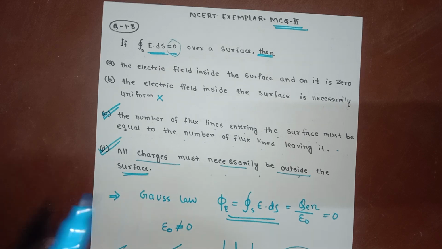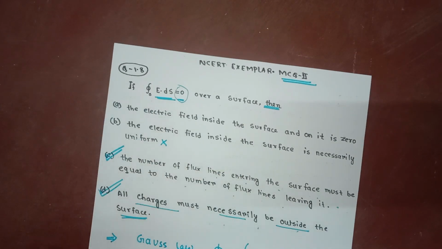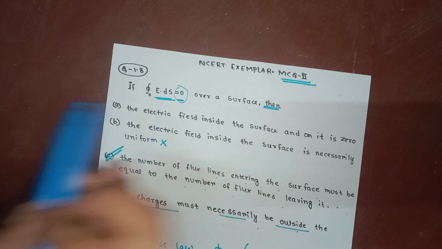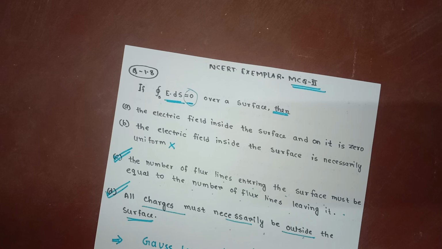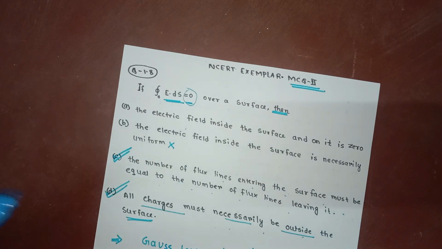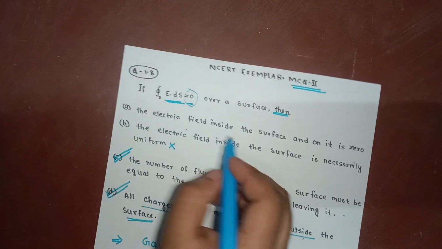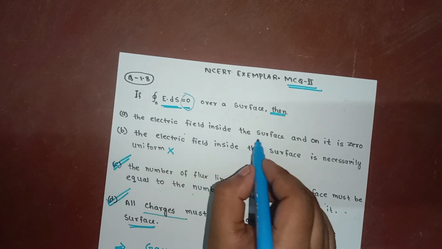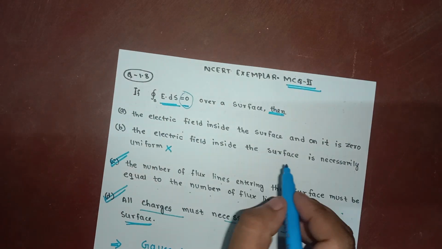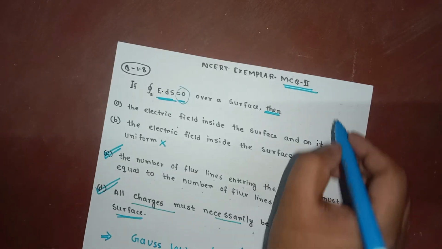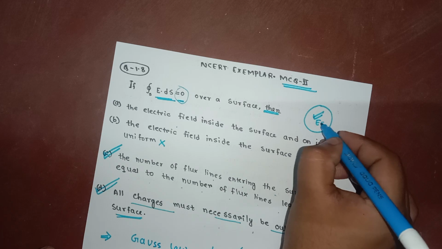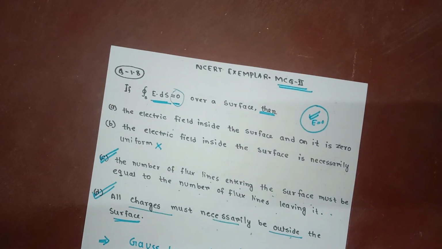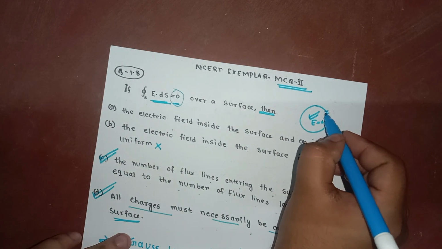Okay. Now, the option says the electric field inside the surface and on it is 0. Why not? This is the answer too. It could be, three options could be right. Now my point is, what they're telling: the electric field inside the surface and on it. If it is a charged surface, the electric field inside is 0. Suppose this is a hollow sphere, you could understand. But what about on the surface?